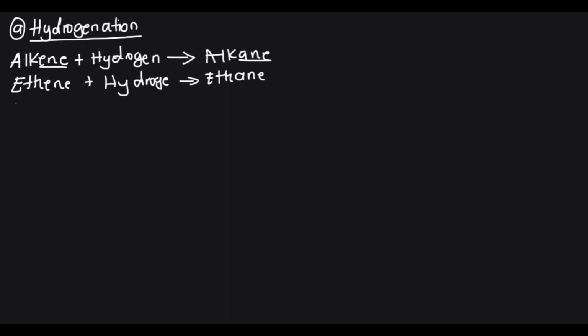The chemical formula for ethene is C2H4 plus the hydrogen, which is diatomic, so we have H2. Here the number of carbon atoms will not change, but the 2 hydrogen and the 4 hydrogen will add up to 6.